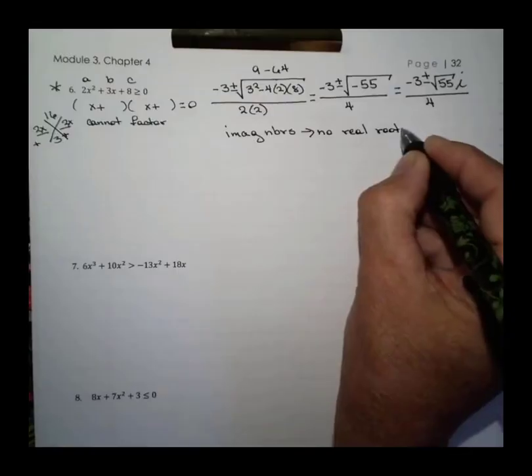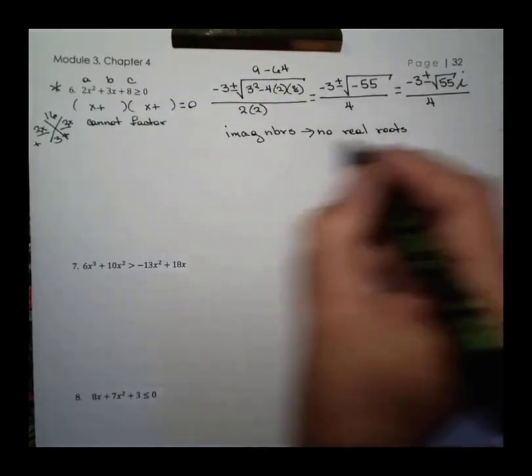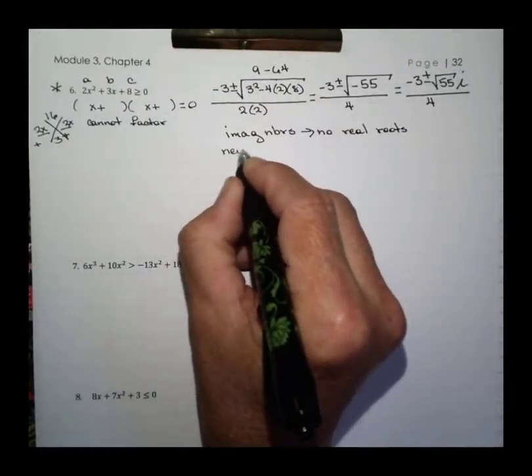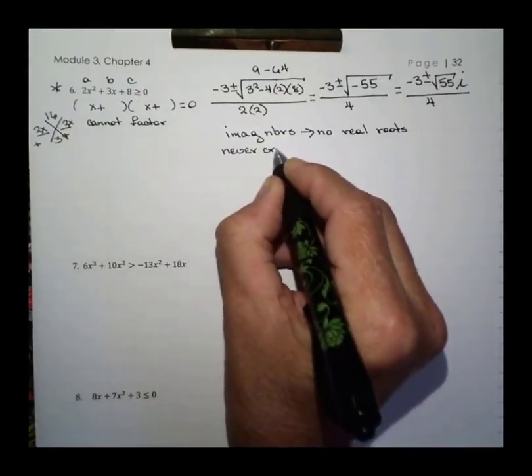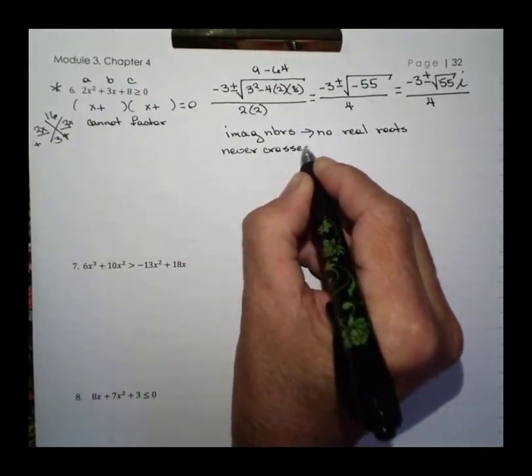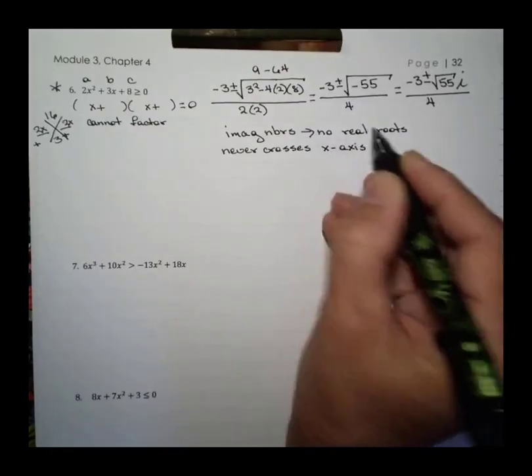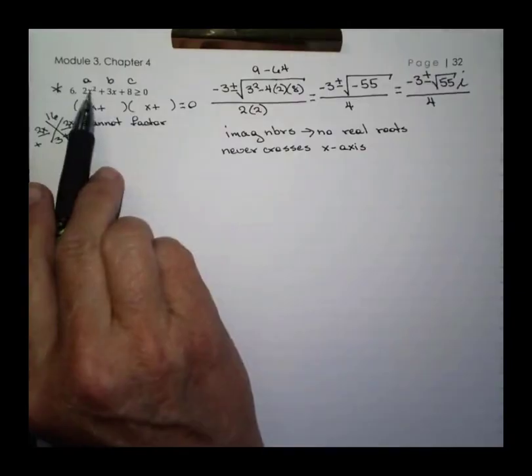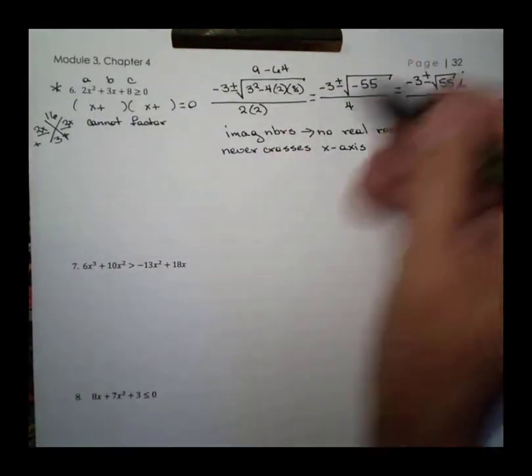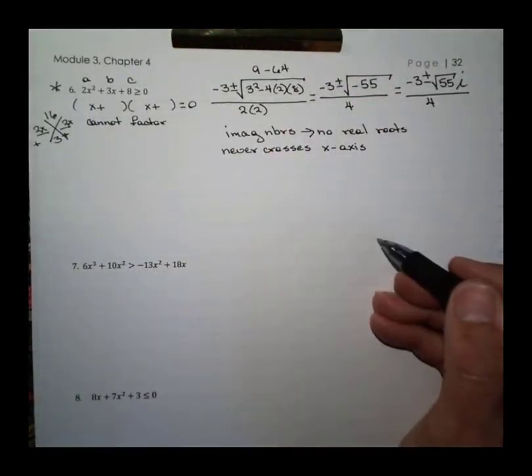No real roots, no real zeros, right? So what that means is it never crosses the x-axis. Okay, that's fine. It's a parabola. It's either all above the x-axis or it's all below the x-axis. And that's what I have to determine here.